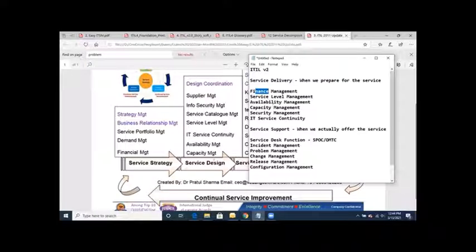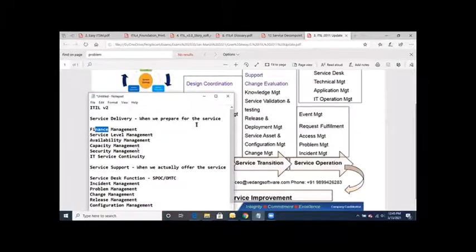All the other processes of service delivery were retained here in service design, and one more added called service catalog management in V3. All the three processes of the service support called change, release, and configuration, they got retained in the service transition module, but knowledge management and service validation testing two more got added in V3.